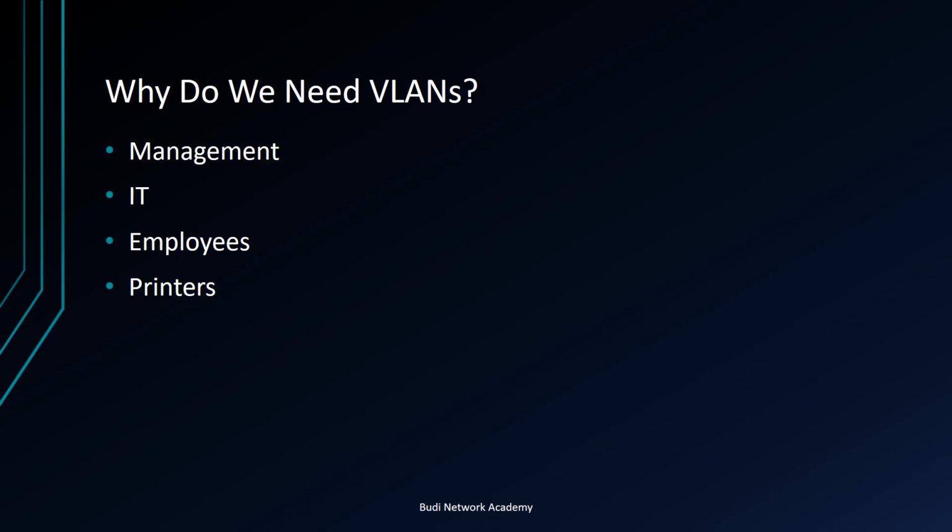We may want to separate these departments for better organization, security, and network management. This is where VLANs become useful. VLANs allow us to logically separate devices into different networks, even when they are connected to the same physical switching infrastructure.